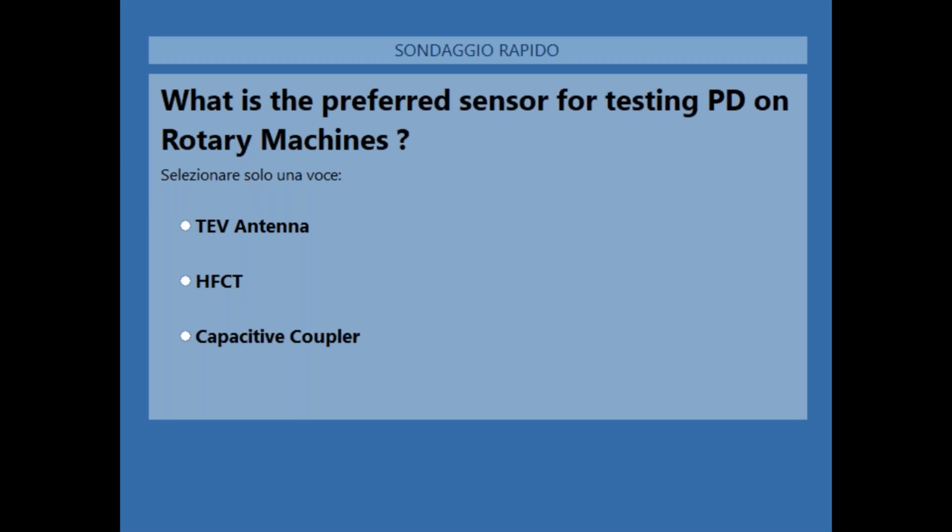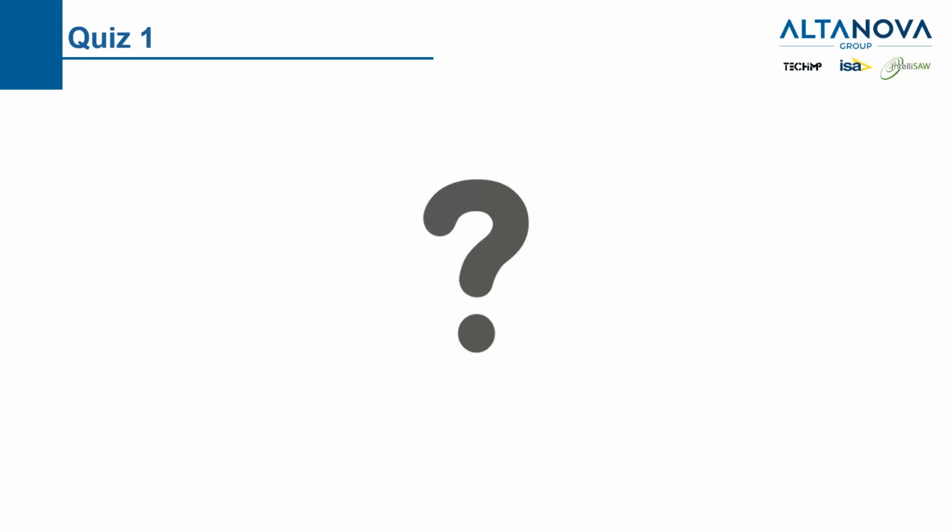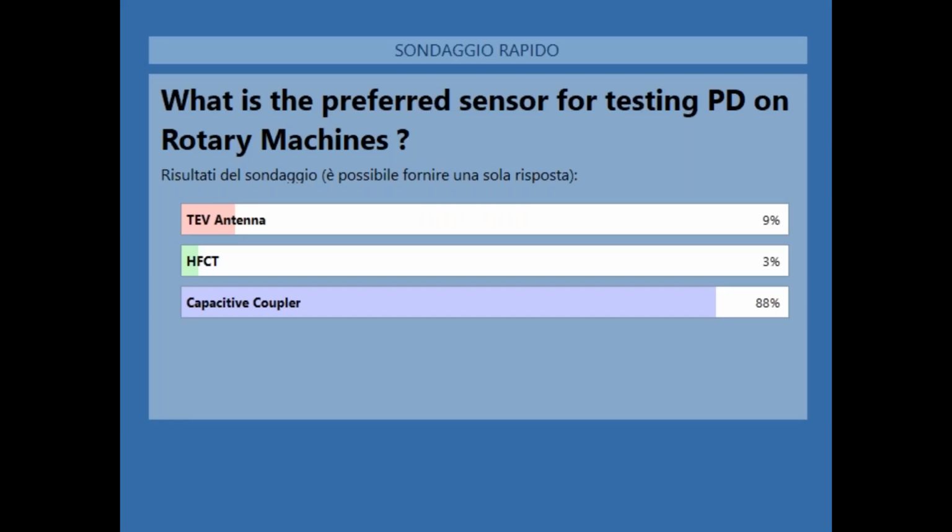I hope you like what Lorenzo is presenting, and we're going to close the polls in 5, 4, 3, 2, and 1. The polls are closed, and let's share the result. The answer was, of course, C, capacitive coupler, and you were paying attention. 88% of you said that is the preferred sensor for rotating machines.